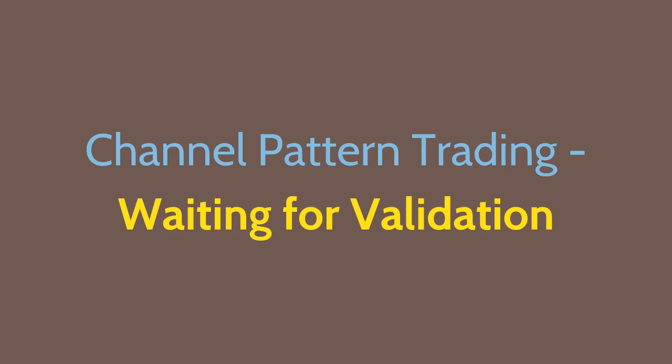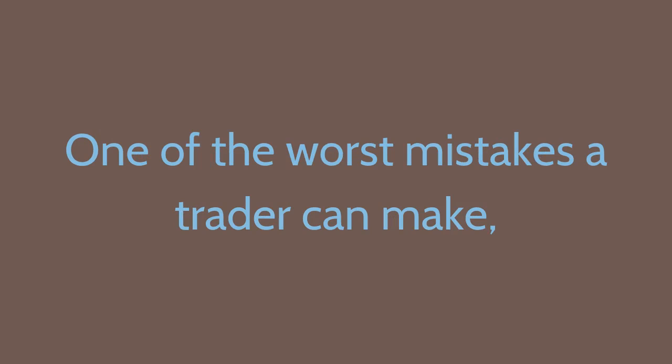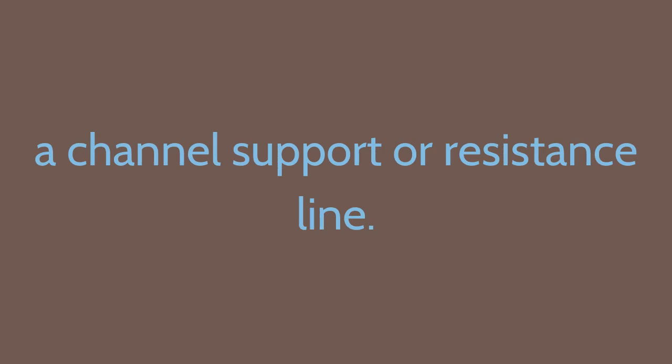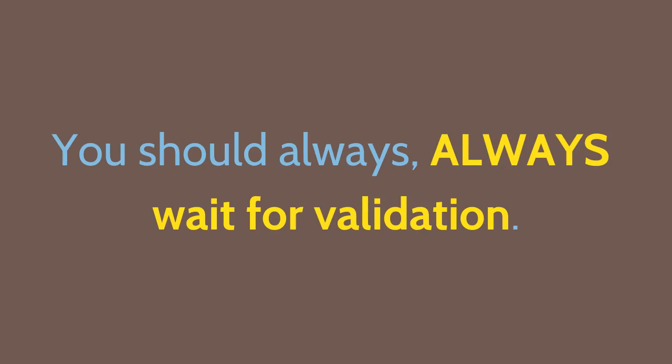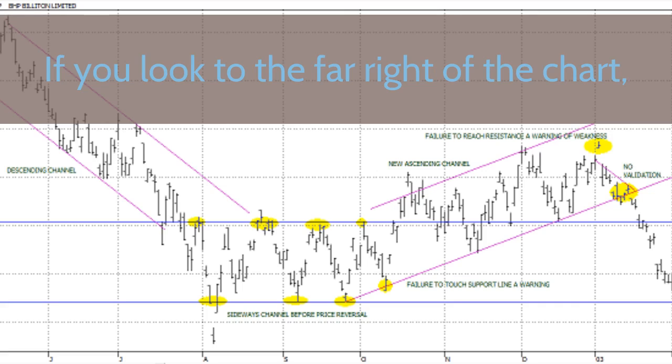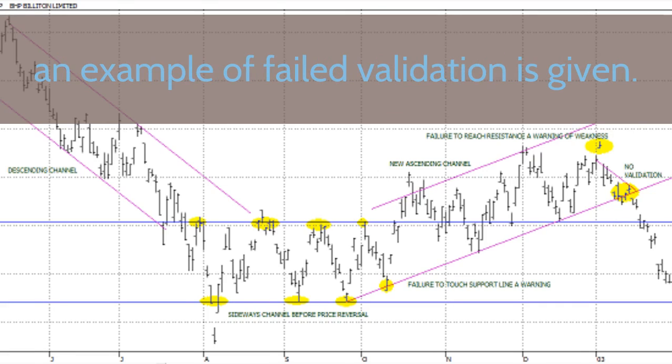So let's talk about waiting for validation. One of the worst mistakes a trader can make is entering a position which anticipates a bounce from off a channel support or resistance line. You should always wait for validation. What do we mean by validation? If you look to the far right of the chart, an example of failed validation is given.